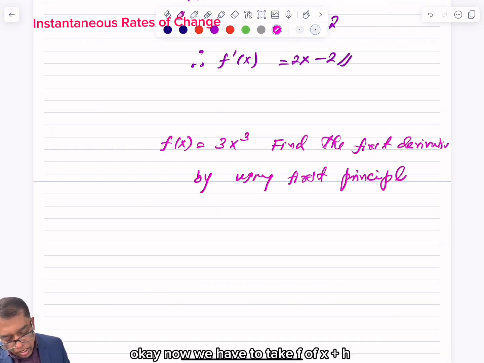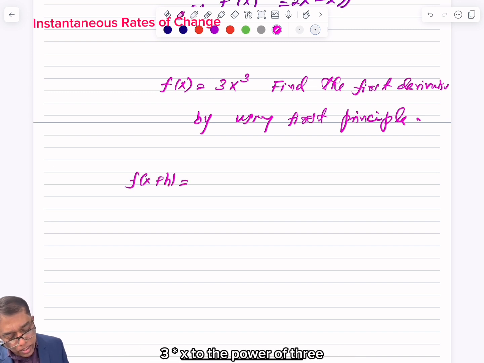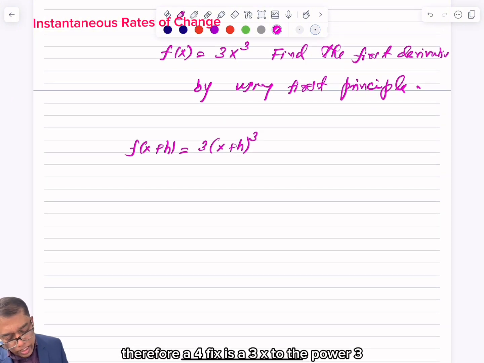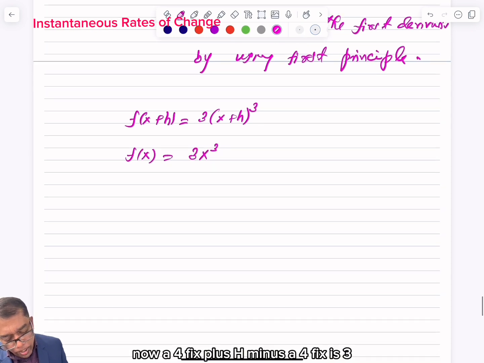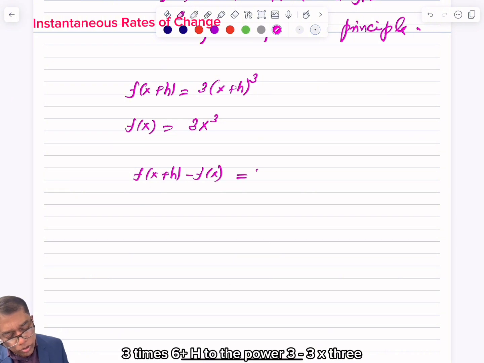Okay, now we have to take f(x plus h), 3 times (x plus h) to the power of 3. Therefore, f(x) is 3x to the power of 3. Now, f(x plus h) minus f(x) is 3 times (x plus h) to the power of 3 minus 3x cubed.